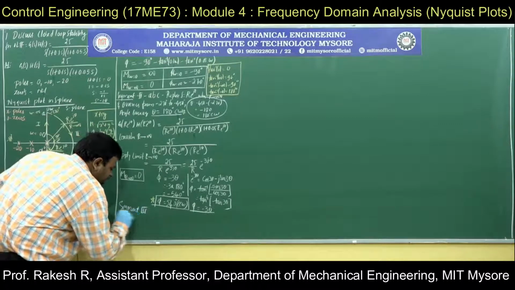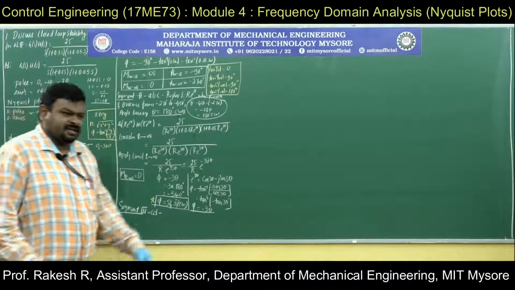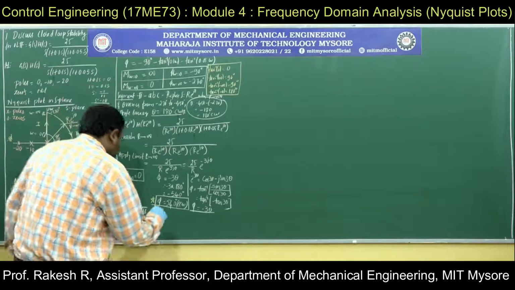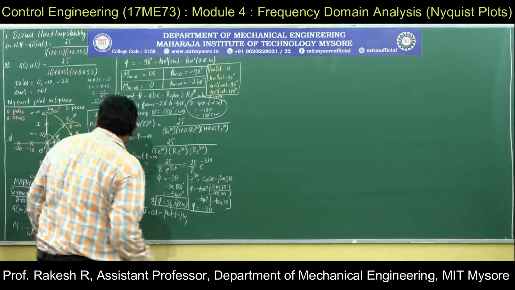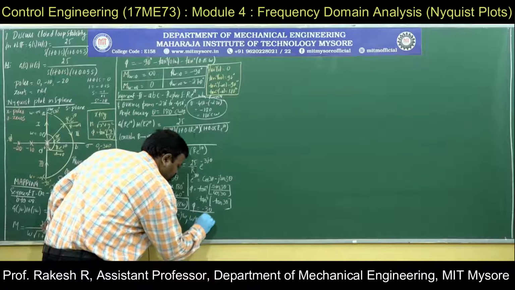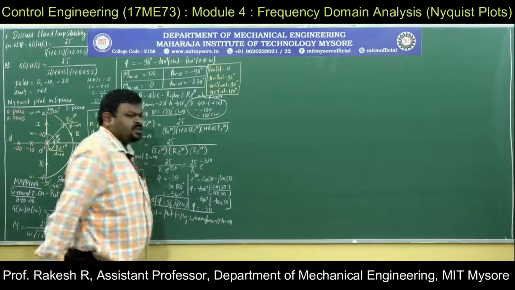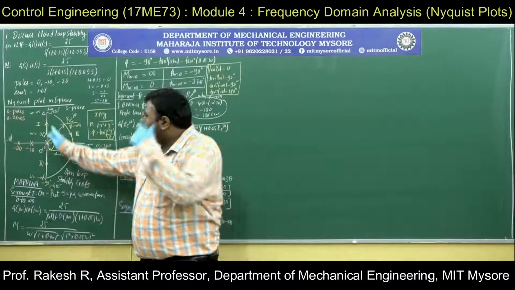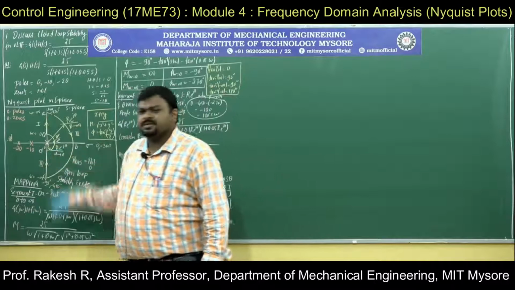What is segment 3? Segment 3 is CD, and what is the angle? Again the same thing, put S is equal to j omega, and omega varies from minus 0 to minus infinity. Again it is a reverse of this, only a mirror image about the real axis.